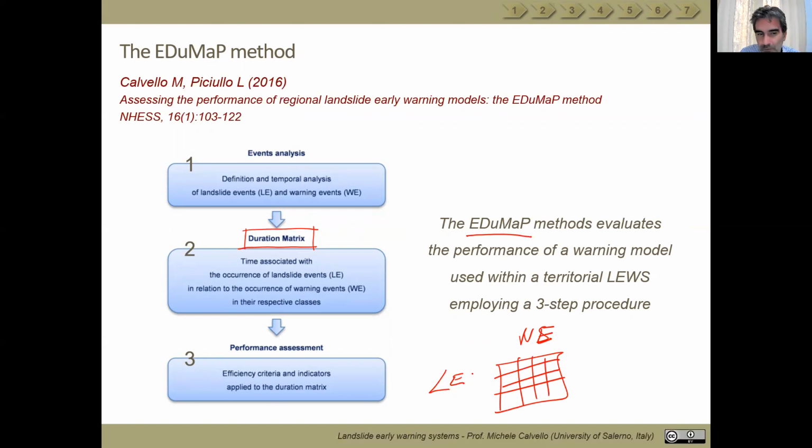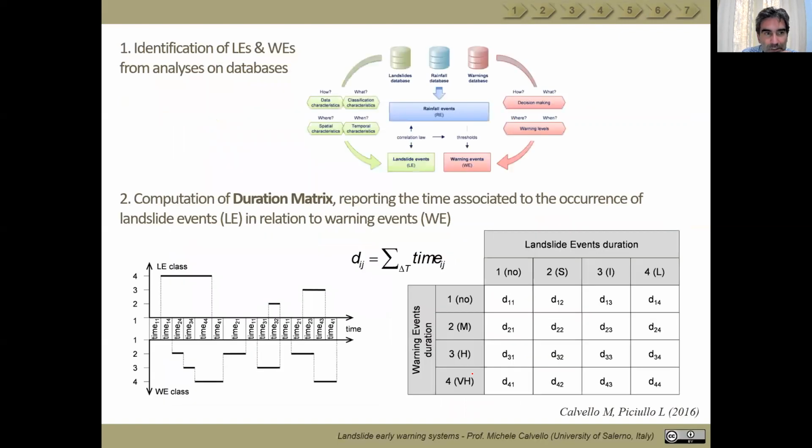If it's 4, it's 4. So you start with defining what a warning event is, what a landslide event is, because a landslide event could be more than 5 landslides in my area, large landslide event. Or let's say more than 10, large landslide event. For Hong Kong, more than 15, large landslide event. But maybe it's between 5 and 15, you can say moderate landslide event.